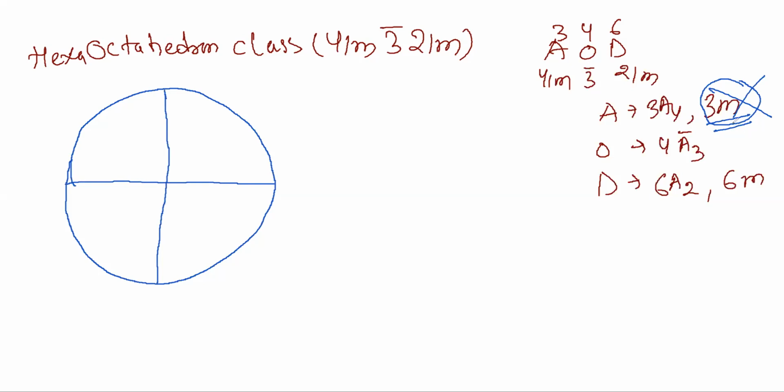Now, if we are drawing the mirror planes first, let's finish all the mirror planes. Now coming to the diagonals, is there a mirror plane? Yes, all 6 diagonals have mirror planes.